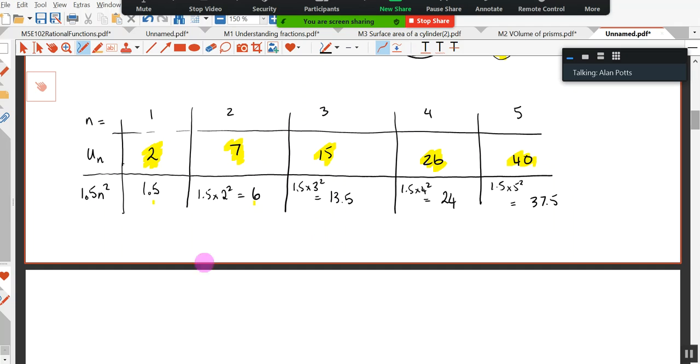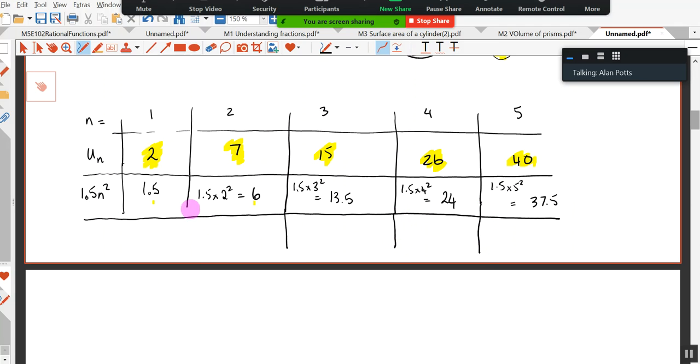So what I have to do is consider how far away I am from where I need to be. Okay, so what I do is I say, right, what's the difference between these things? Okay, does that make sense? So I've got to say, well, it's going to be the difference between 1.5 n squared and un.